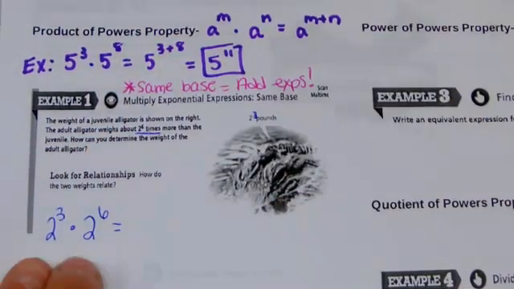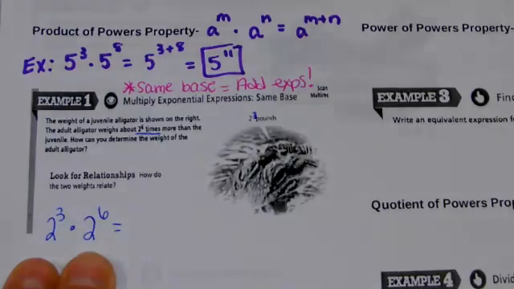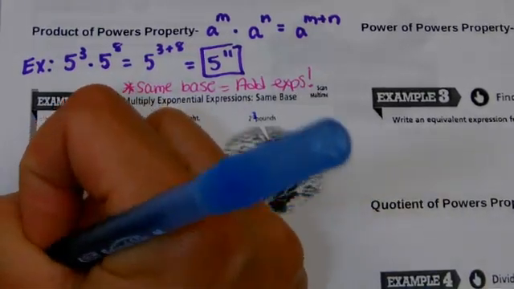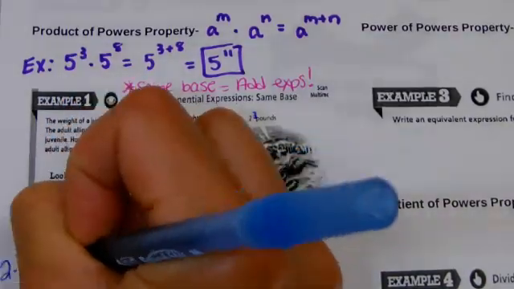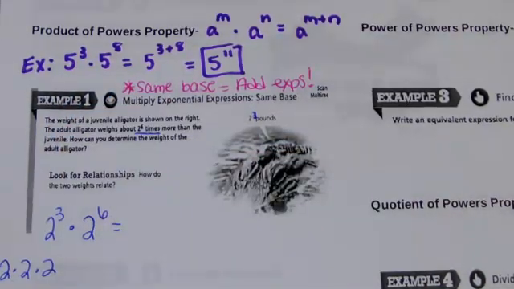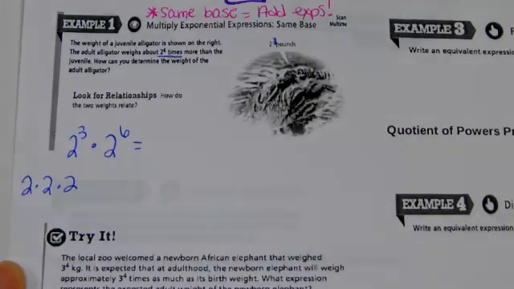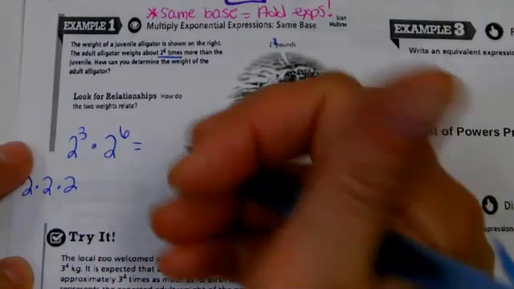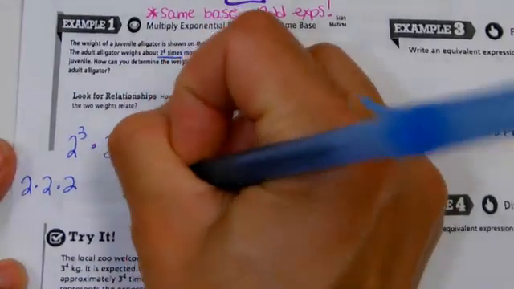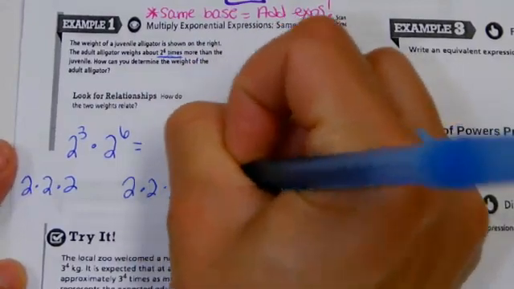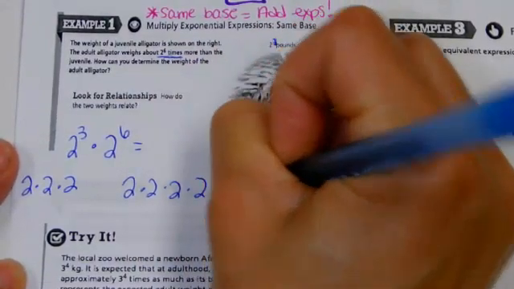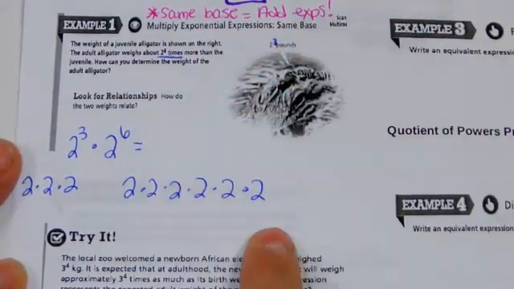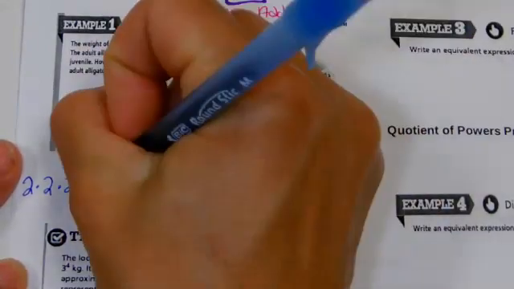Since this is the same base of 2, I'm going to write it out because this is our notes. 2 to the third power looks like this. That means 2 times 2 times 2. Let's move this up. 2 to the 6th power, I'm going to write over here. That means I would have 2 times 2 times 2 times 2 times 2 times 2, again 6 2's, and there's a times sign in the middle there.